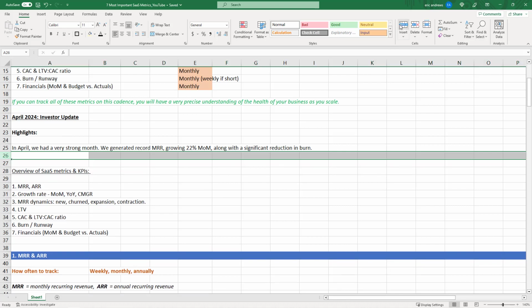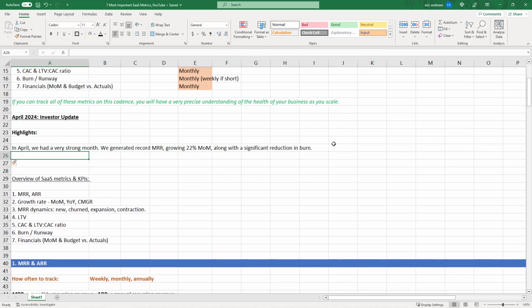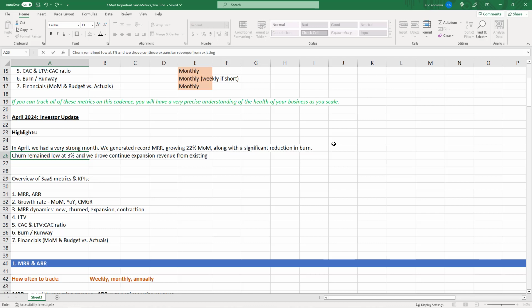You usually include the good and the bad. So there weren't a lot of bad metrics in the data that we just reviewed, but you'd want to include the good, the bad, and the ugly. Churn remained low at 3%. And we drove continued expansion revenue from existing clients.